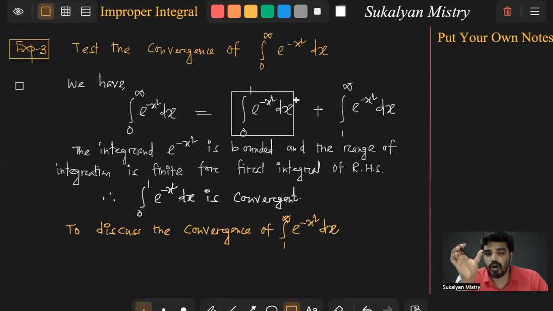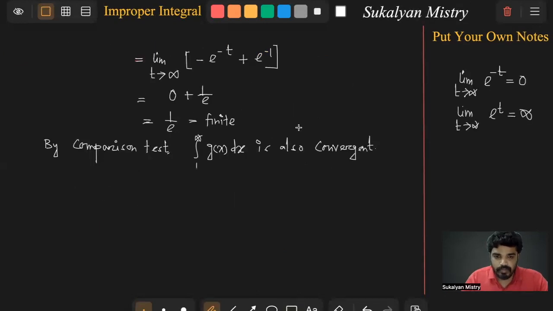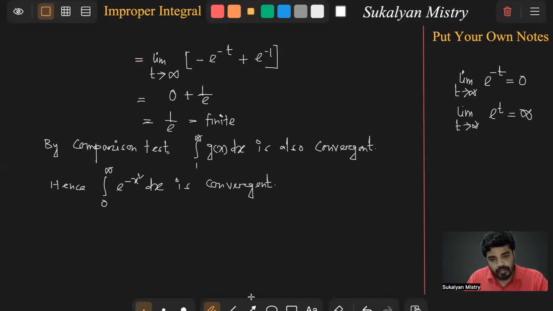So the sum of two convergent integrals is also convergent. Okay, so we conclude that the given integral 0 to infinity e to the power minus x squared dx is convergent. Clear?